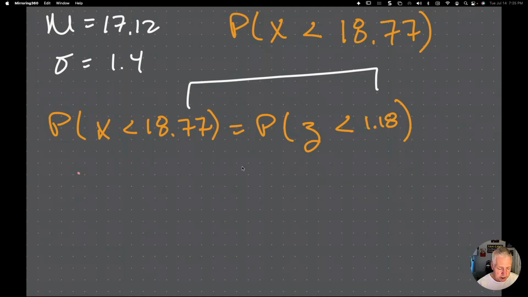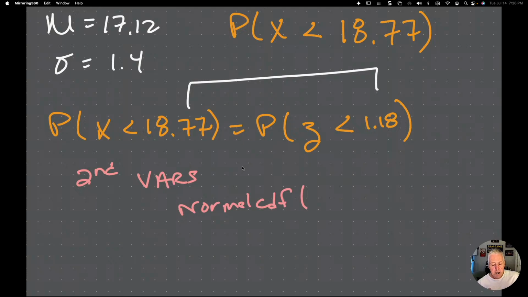Second, vars, that's going to take me to distributions. Then I'm going to scroll down to normal CDF. Since we're still doing less than, I'm going to go from -10, which is my farthest left and represents negative infinity, to 1.18.